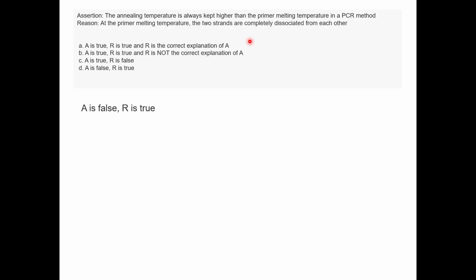So half the population will be dissociated, half will be still bound. So in terms of dissociating the two strands efficiently from each other, it is correct, but it's not throughout. So the only option left is this. A is false and R is true.